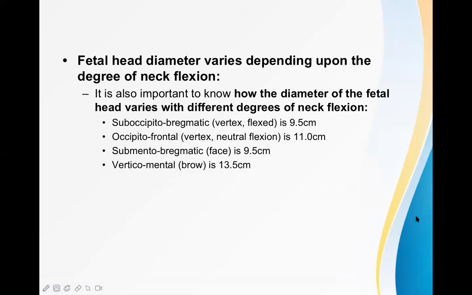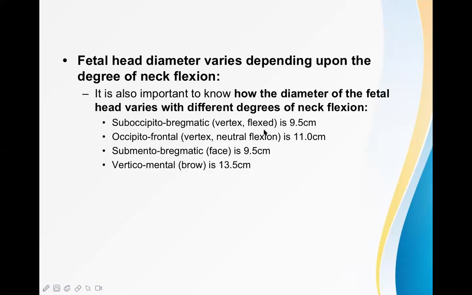Now, another important point here, the fetal head diameter varies depending upon the degree of neck flexion. The normal position which is attained by the fetal head is flexion. I already talked about this in the topic of labor. How much neck flexion is there determines what is the diameter of the fetal head.